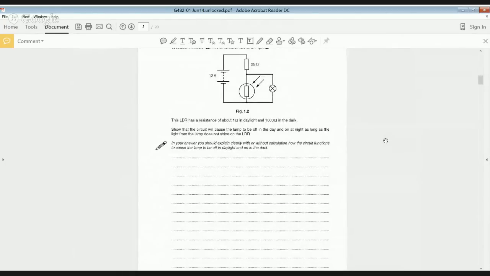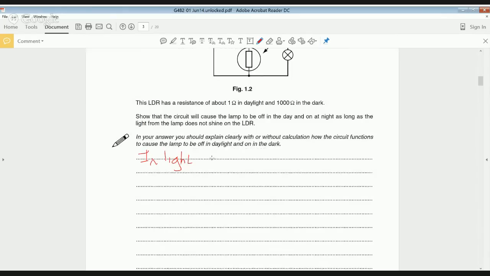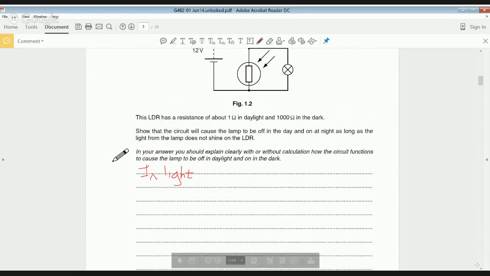First thing to look at is in the light. So in the light, we need to consider the power.